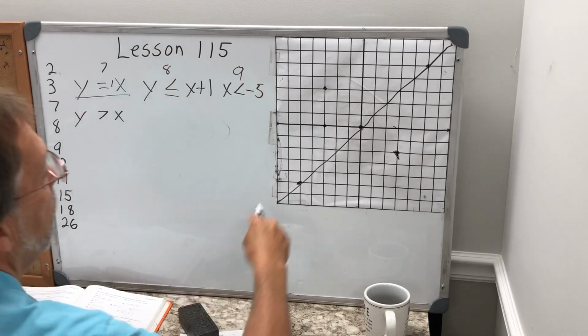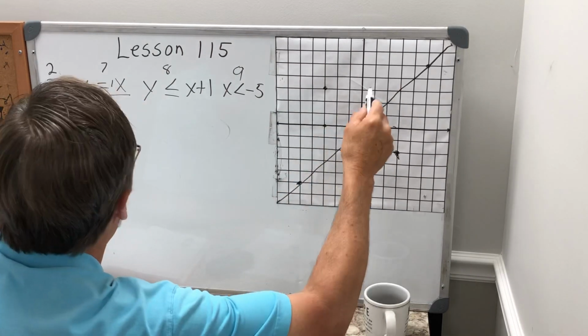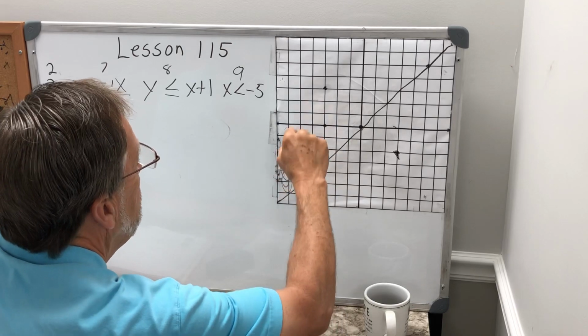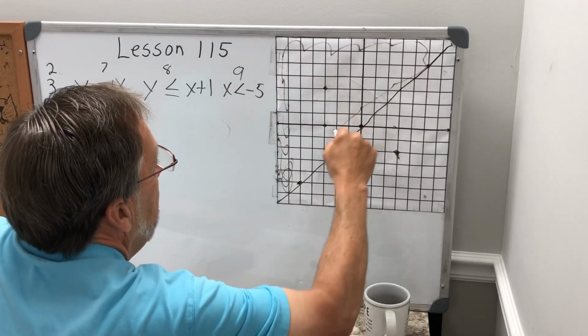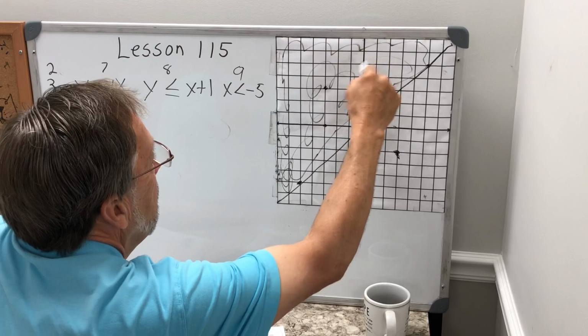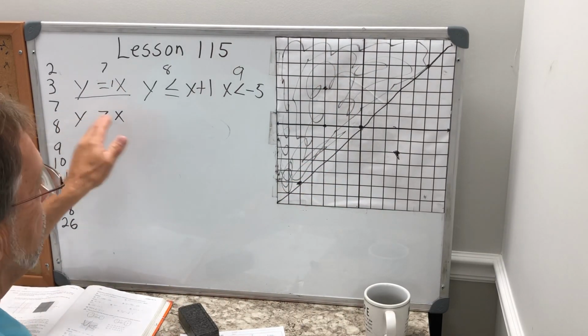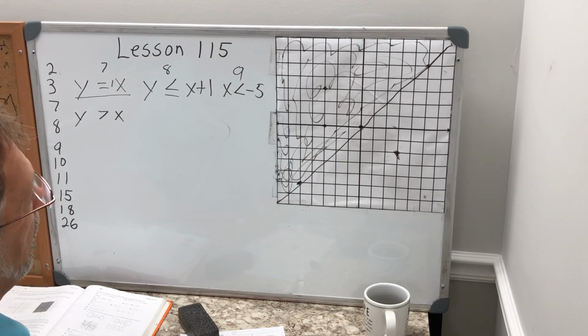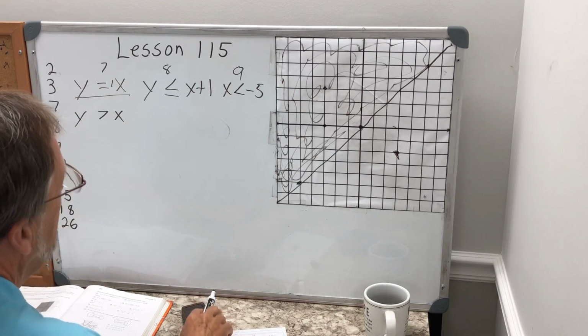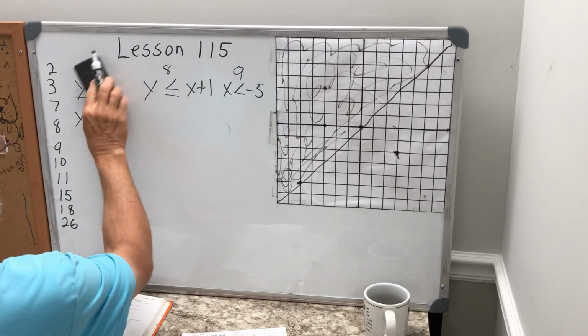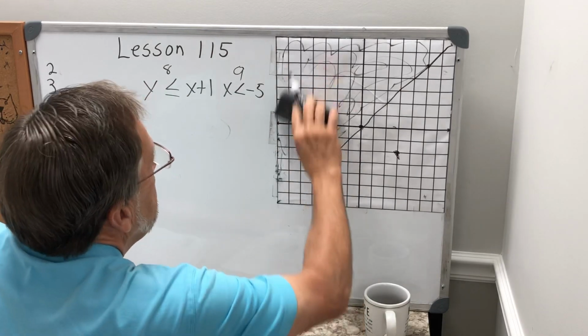So what we know is this is the side that is greater. So on your graph, you will shade this whole amount on this side. Everything up in here works with this y is greater than x. Kind of a lot to remember. Let's try another one. That was that one.